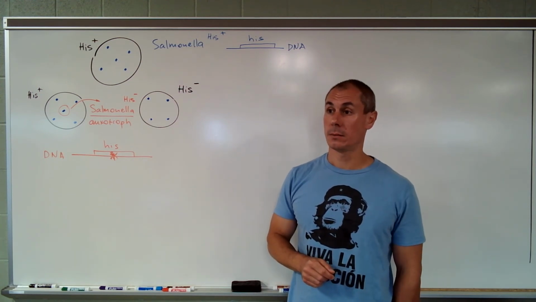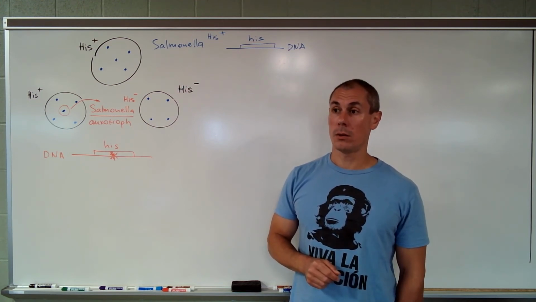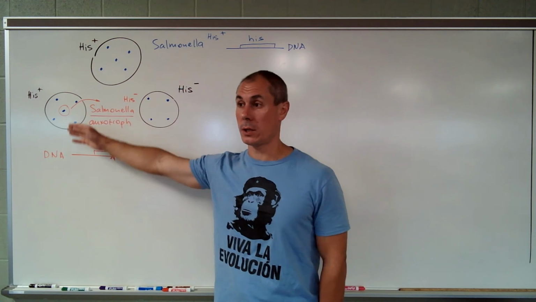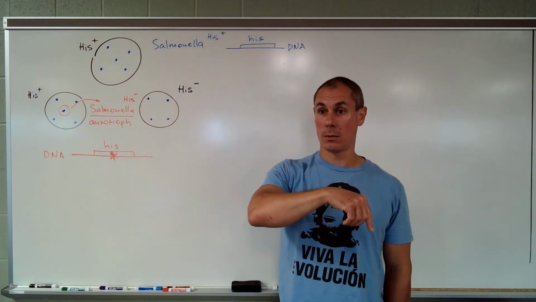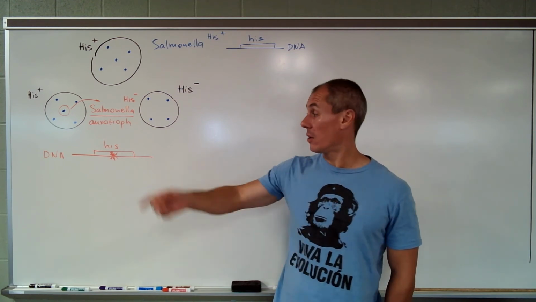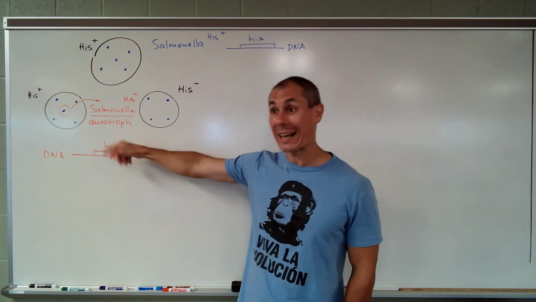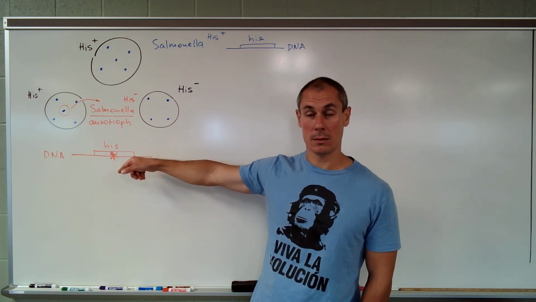Does that make sense? Can you say it one more time? So, if I expose this mutant salmonella to a mutagen that I'm testing, then there is a chance that this mutagen will correct the original mutation. Does that make sense?